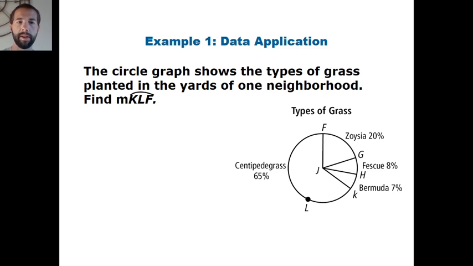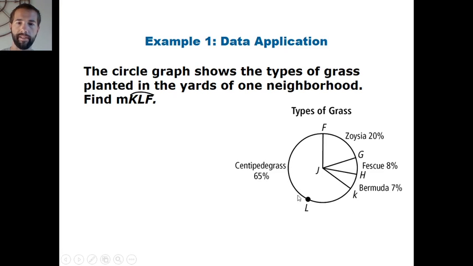Okay, so here's an example. We're going to find the measure of arc MLK. As you can see, it's a major arc because of the 3 letters. So this graph shows the type of grass that was planted in yards in a neighborhood. So we have zoysia grass, fescue grass, Bermuda grass, and we want to figure out what the measure of arc KLF is.